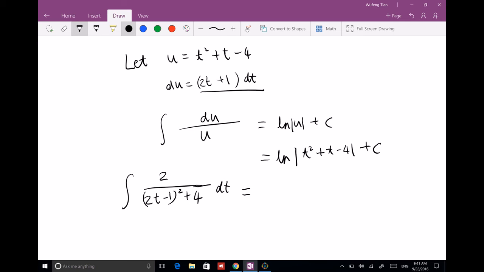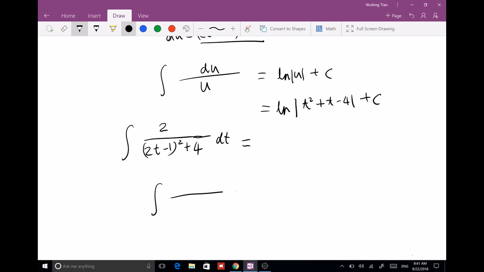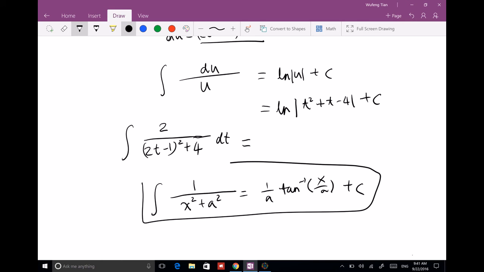The formula we can use: the integral of 1 over x squared plus a squared dx equals 1 over a times tangent inverse, arctangent of x over a, plus c. My bad, I should maybe write it bigger. You can use this formula. Tell me if you can do that.